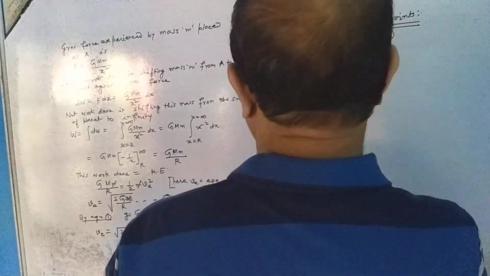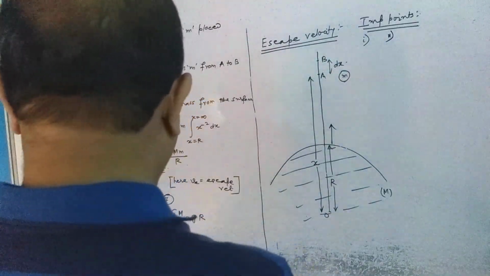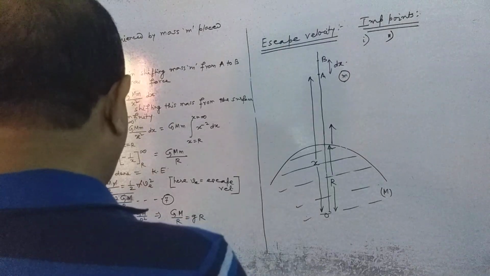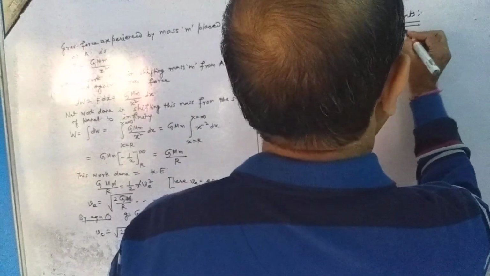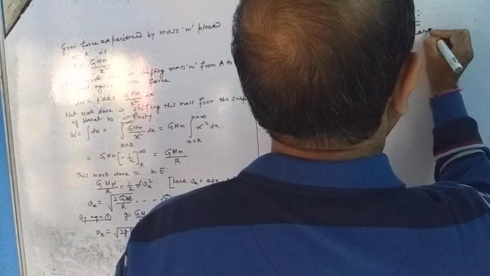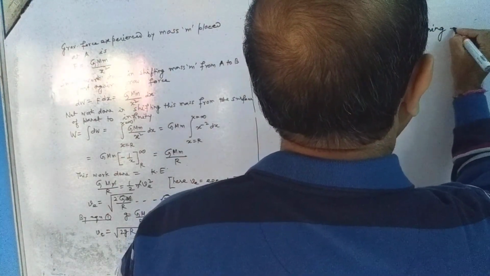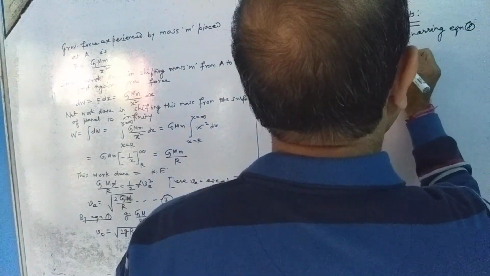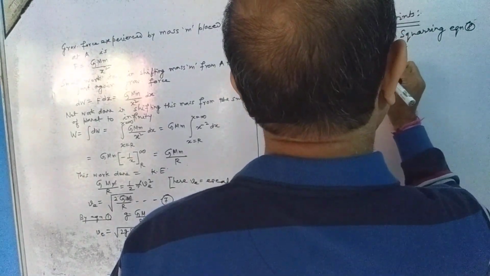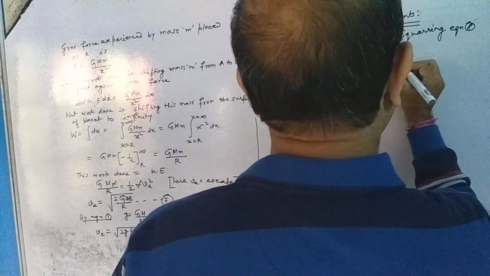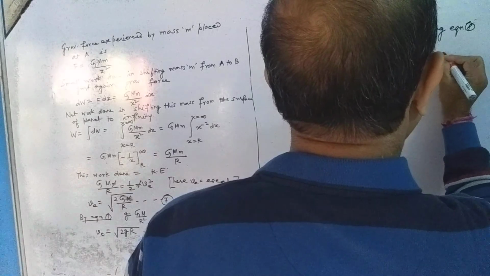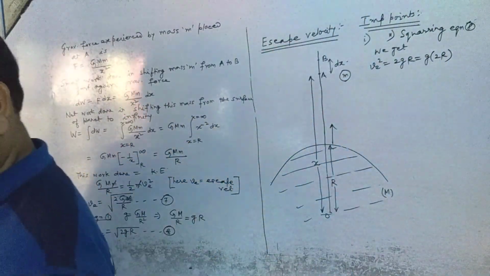Second point is if we square equation number 8, squaring equation 8, we get v square is equal to twice gR, that is equal to g into twice R. Can we get it?